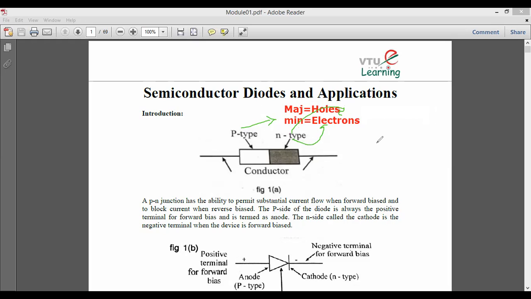It means the number of holes in the p-type material will be positive, and the minorities, the negative electrons, are very few. Here the negatives are more and the positives are less. And this is called your anode and this is called your cathode.